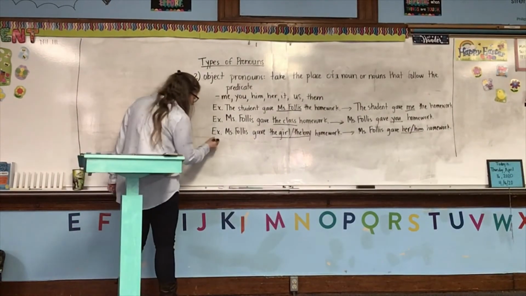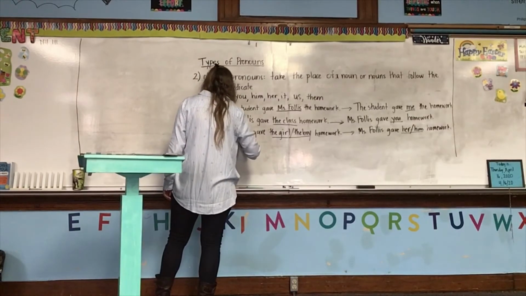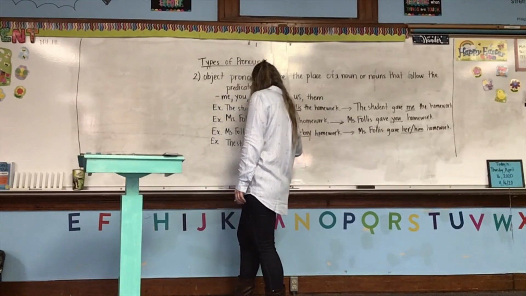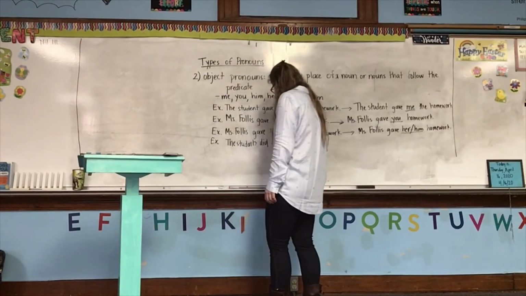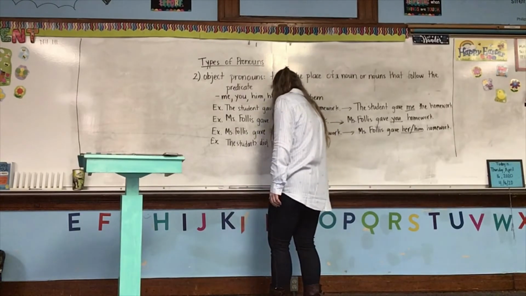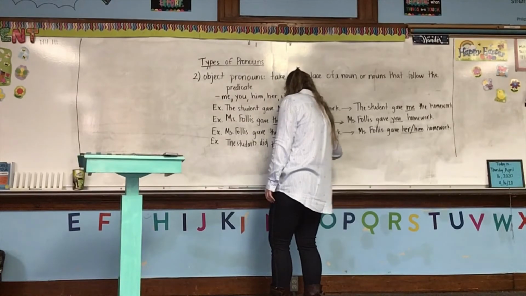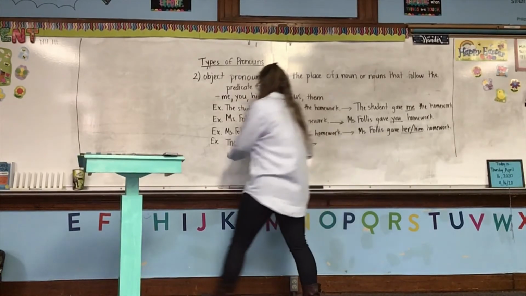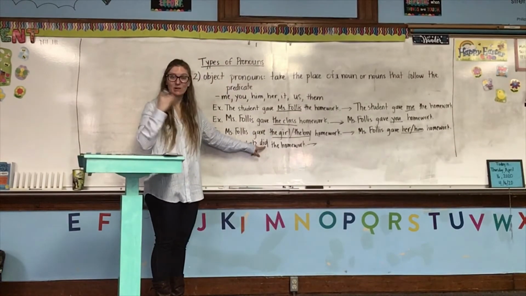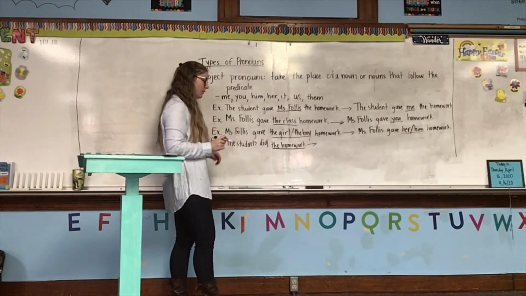Now it. The students did the homework. Okay, we have our subject, which we are not replacing right now. We have our predicate. They did it. That's what they did. And then we have the object of the sentence, which is what we want to replace.